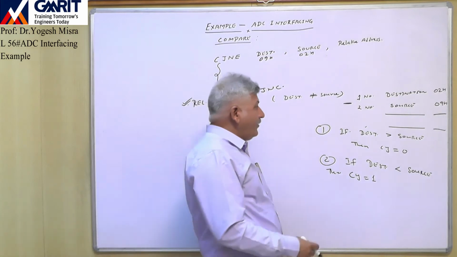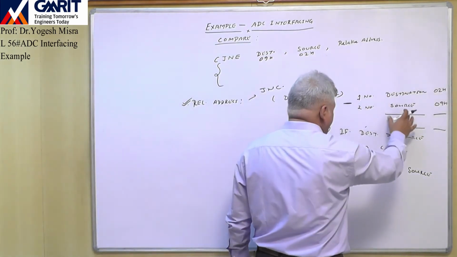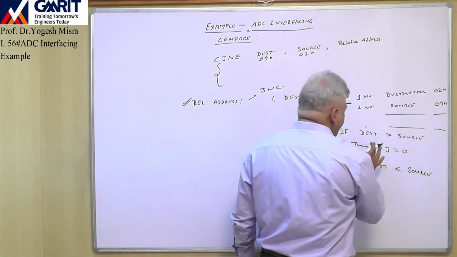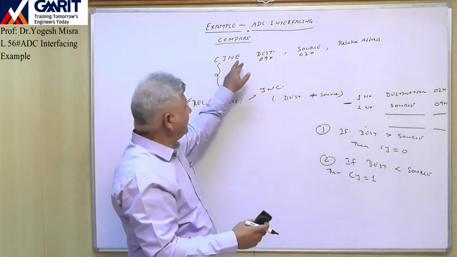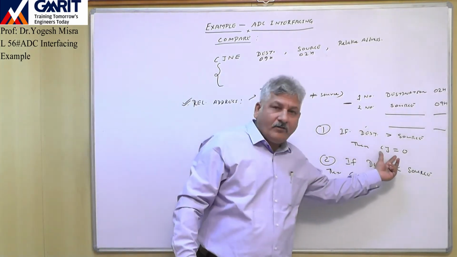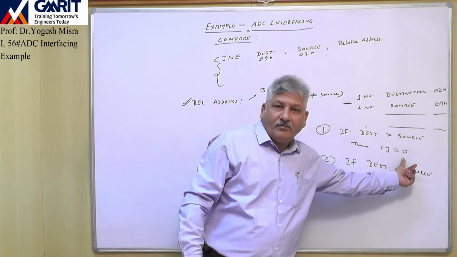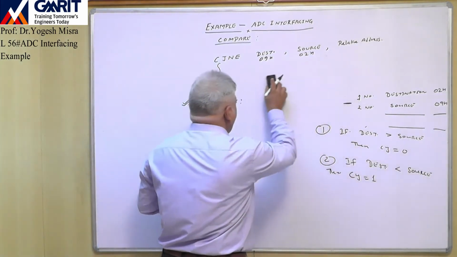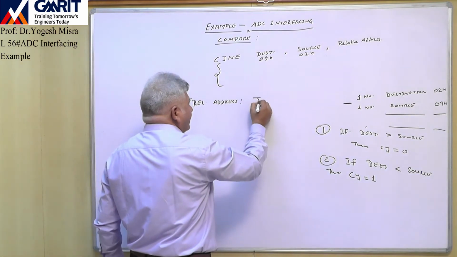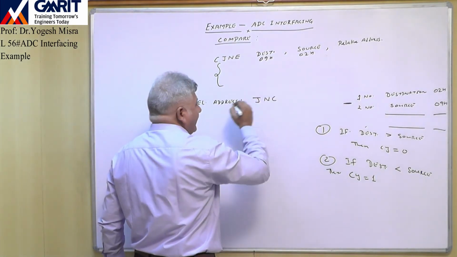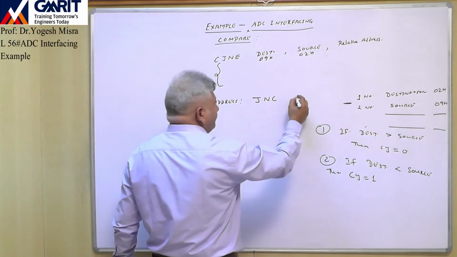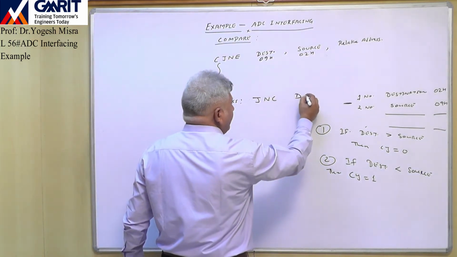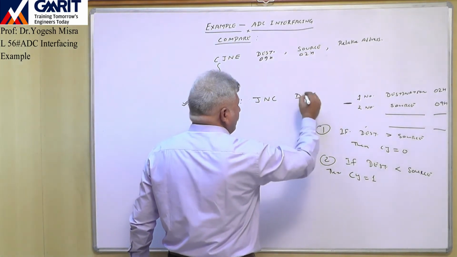So what will happen? When destination was greater than source, then after execution of this instruction, your carry flag will be 0. So if we check the carry flag, we write the instruction jump no carry, DGS.